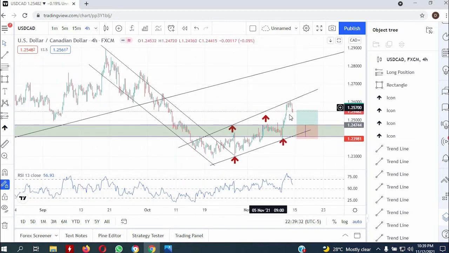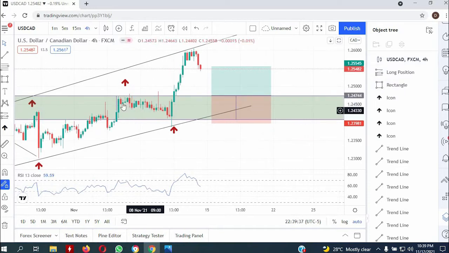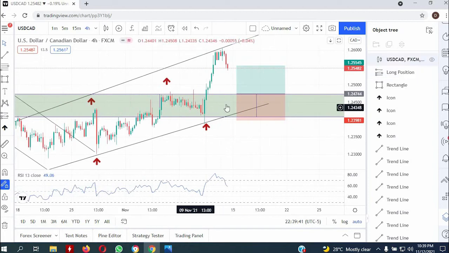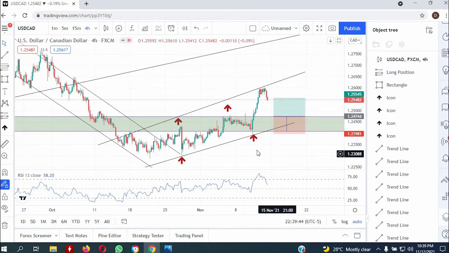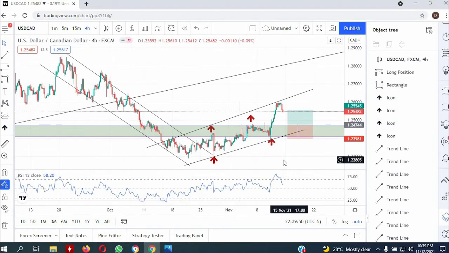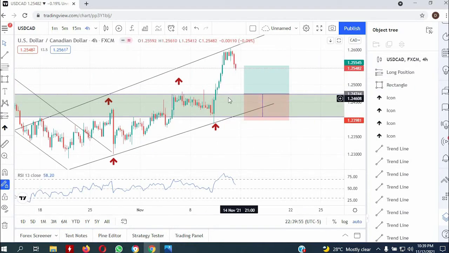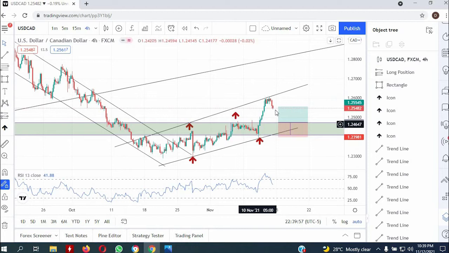However, if this area right here fails to provide support, the market will break through and continue the downtrend, break back into this downtrend. However, I'm expecting this pullback to come back into this structure, and if it continues the uptrend, take out this structure right here and push further up.